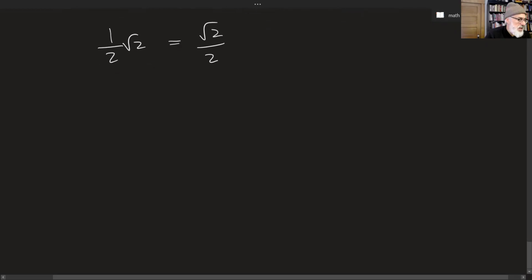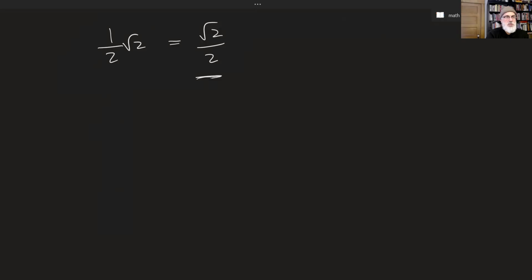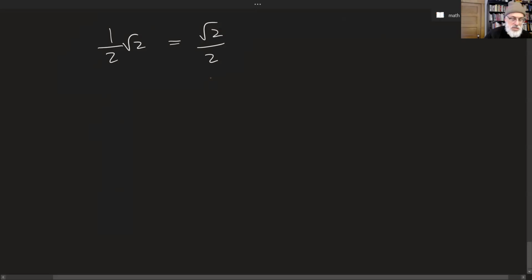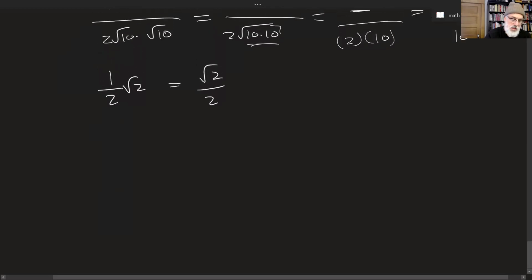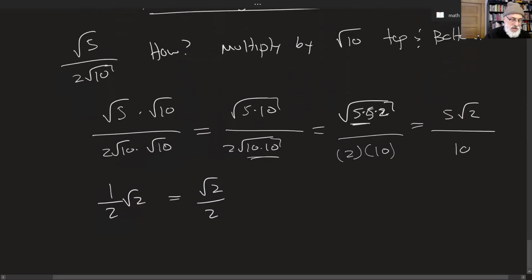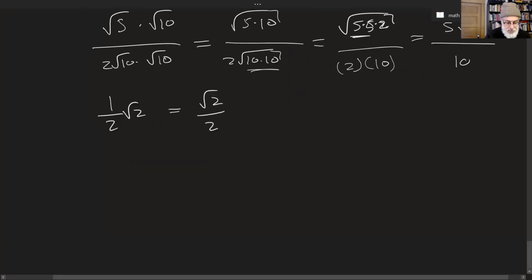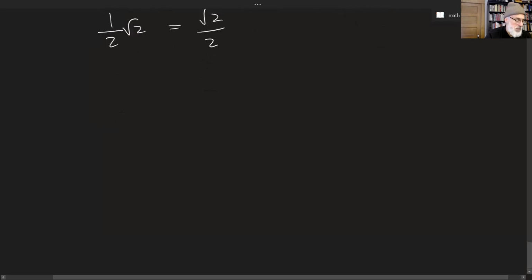I might be overstating that a bit, but I find in calculus, when we have some function with radicals in the numerator, you can write them as rational exponents, which we'll get to shortly, and it becomes easier to take derivatives and look at integrals and so on. Otherwise, it's just prettier. Honestly, square root of 5 divided by 2 times the square root of 10 is ugly. Square root of 2 divided by 2 is pretty, in my opinion.